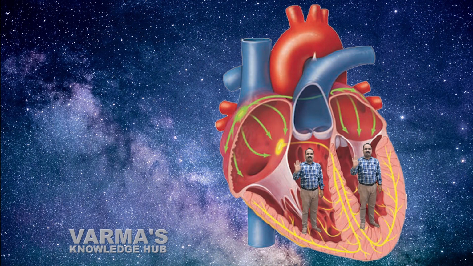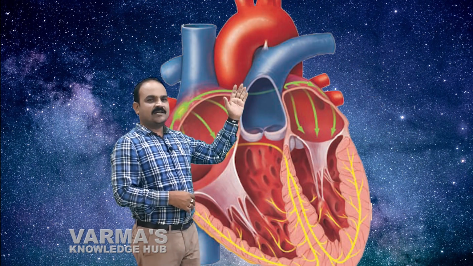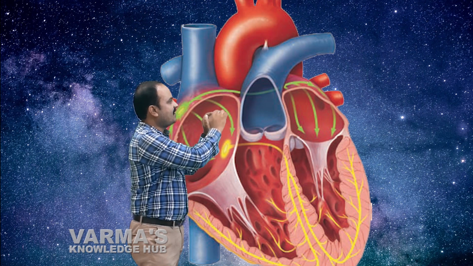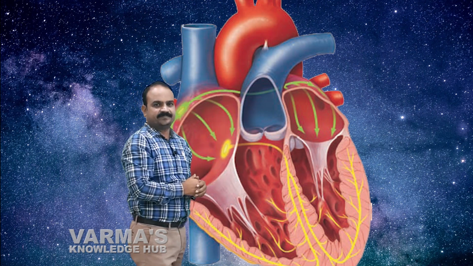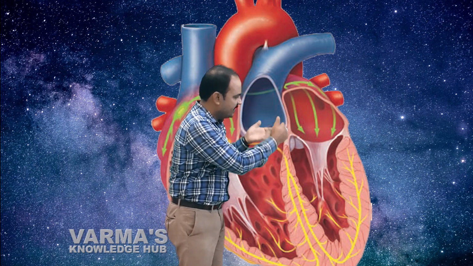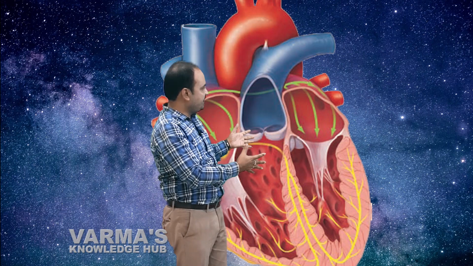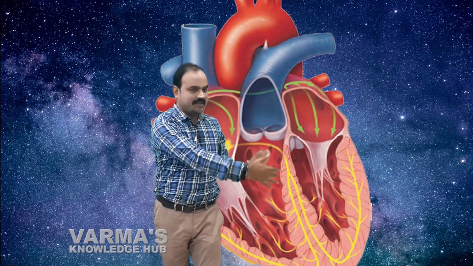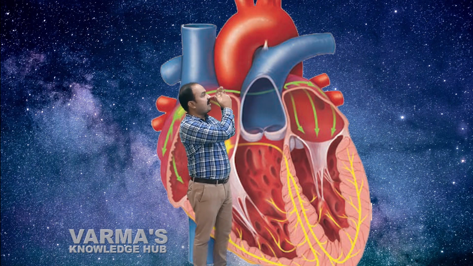Lower chambers are called ventricles. The 2 auricles are separated by a membrane called interauricular septum. And the 2 ventricles are separated by a membrane called interventricular septum. If you observe this picture carefully, the walls of the ventricles are thick compared to the walls of the auricles.